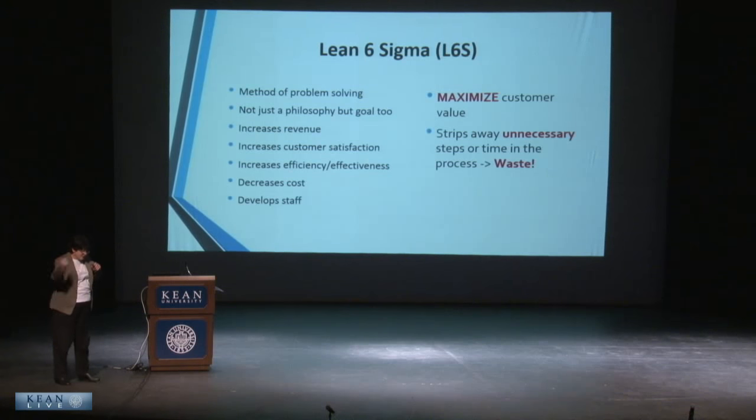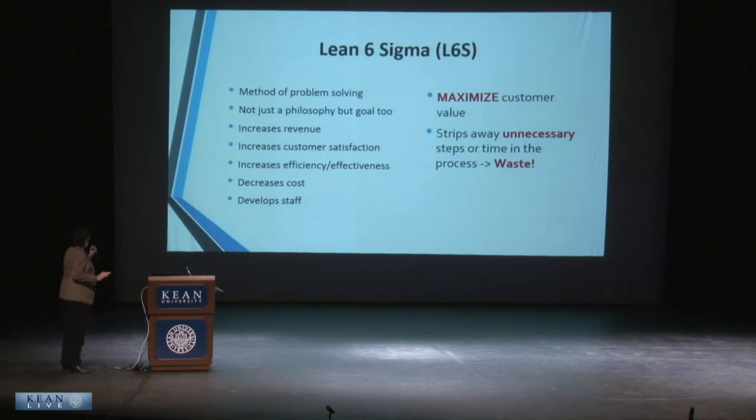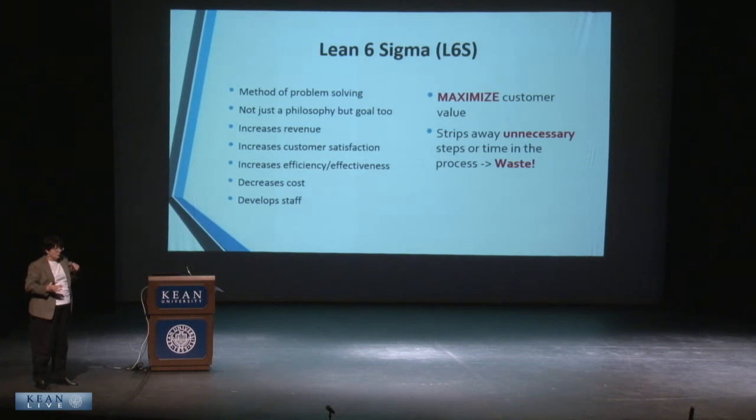Okay, so here's a summary. Lean Six Sigma. It's a method of problem solving. It's not just a philosophy on problem solving, but it's also a goal. Because you're going to have metrics involved, you're going to have key performance indicators involved.